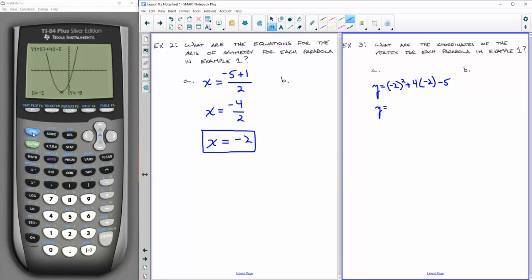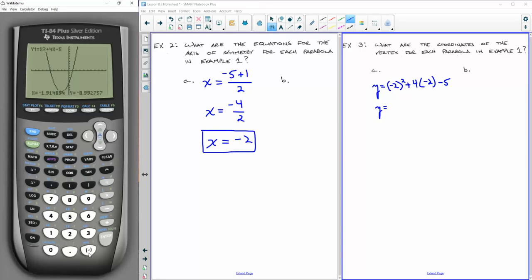We can do that in the calculator too. On the main page of the calculator, -2 squared plus 4 times -2 minus 5 is -9. We already knew that because it's right here.